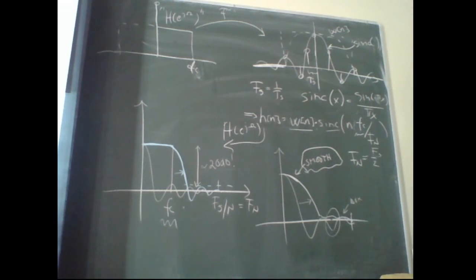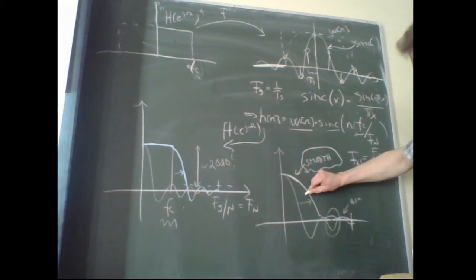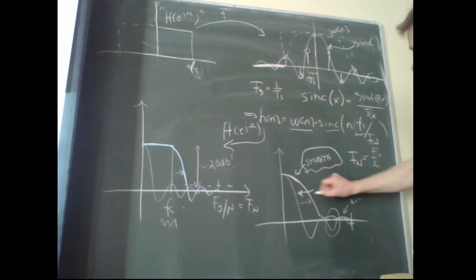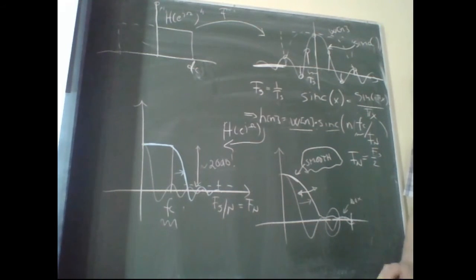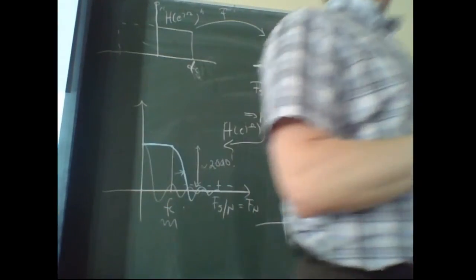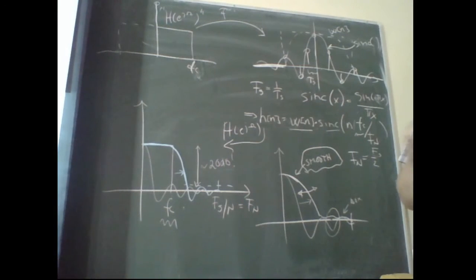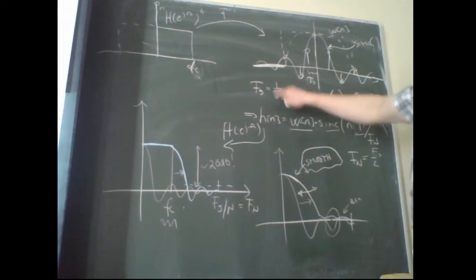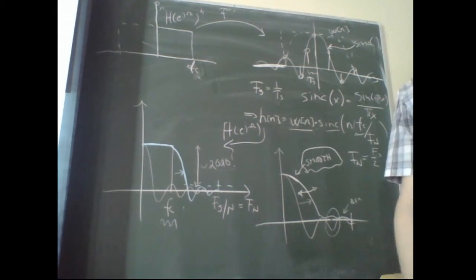Now we just need some way to basically control the transition bandwidth. And here we actually use the fact that when you multiply in time, it's the same as dividing in frequency. They're inversely proportional, time and frequency.